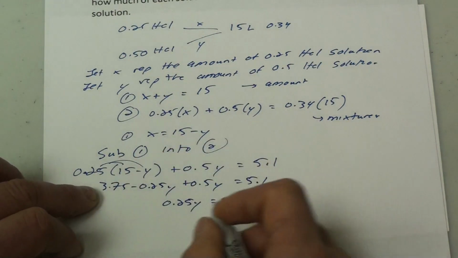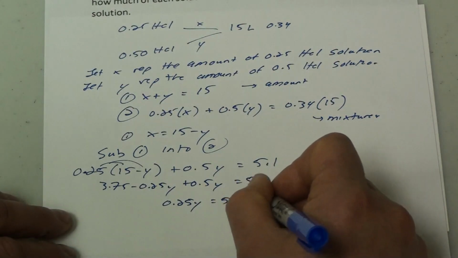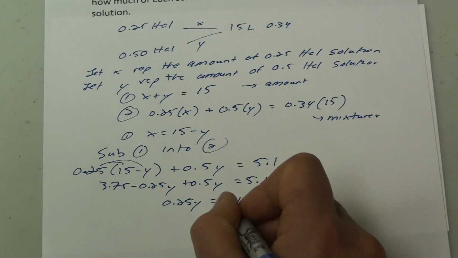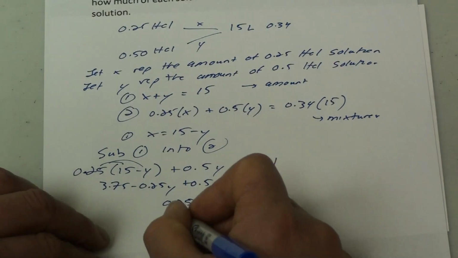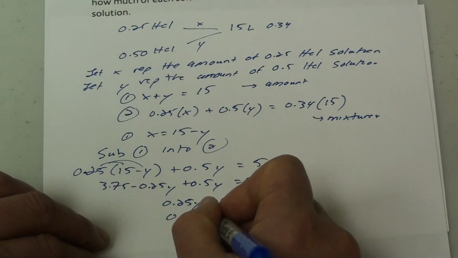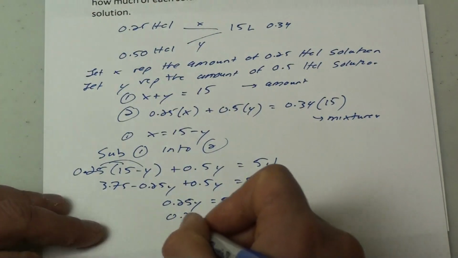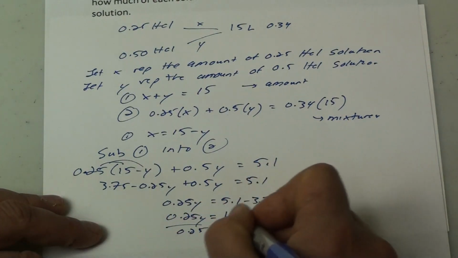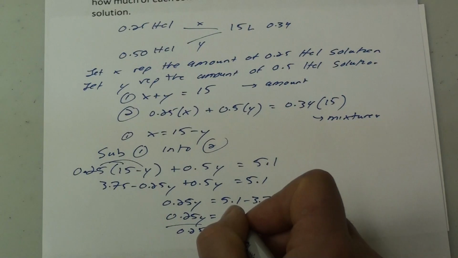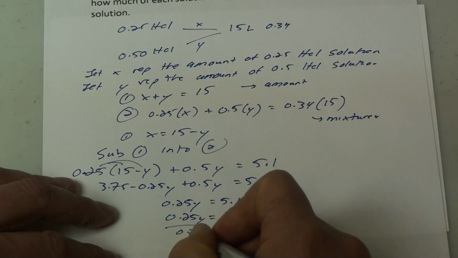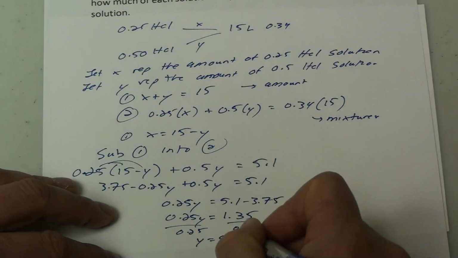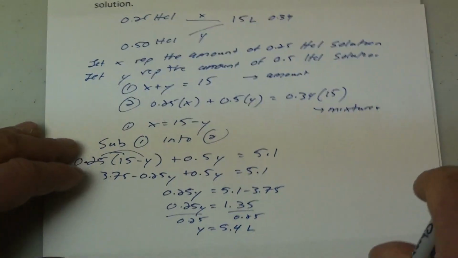Subtract 3.75 from both sides. And I have 0.25y equals 1.35. I'm going to divide both sides by 0.25. And I'm going to get y equals 5.4, and that's 5.4 liters.